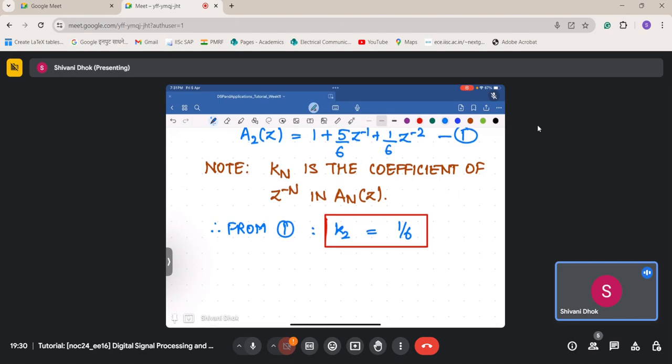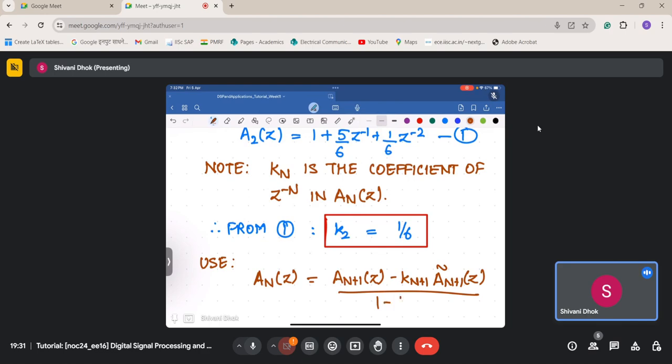So for this, we'll use the backward step formula which we were having. An of z is equal to An plus 1 z minus Kn plus 1 into An plus 1 tilde z upon 1 minus Kn plus 1 square.